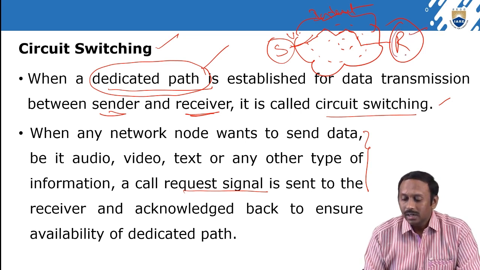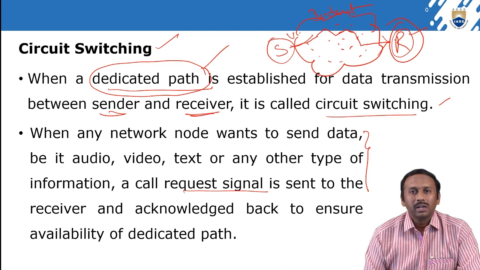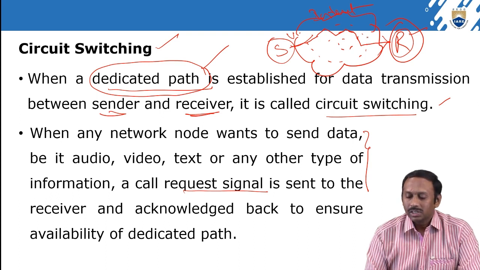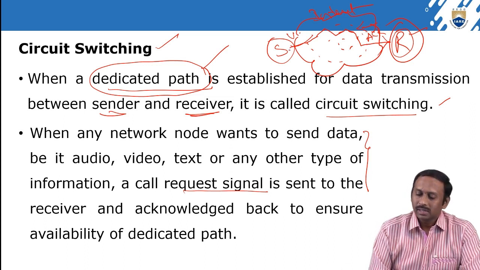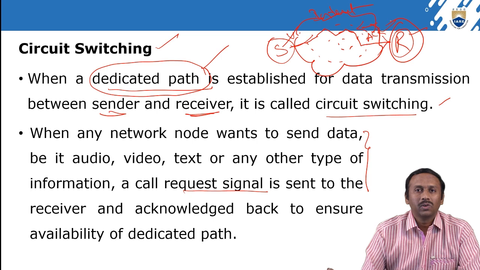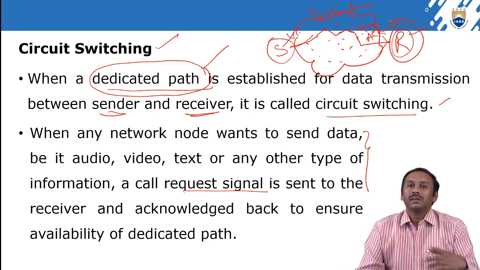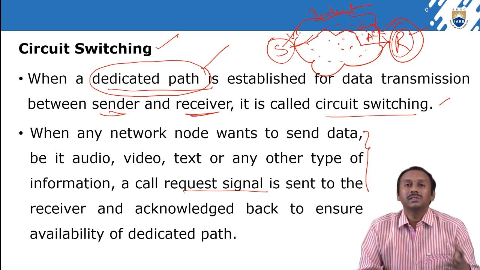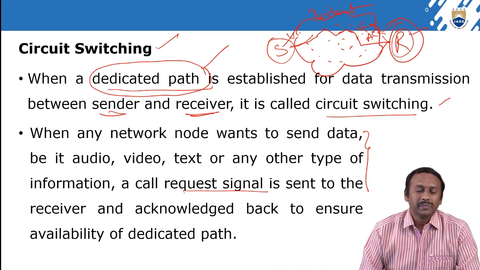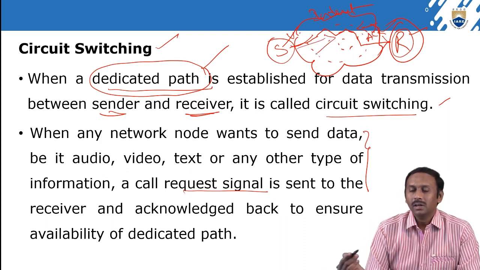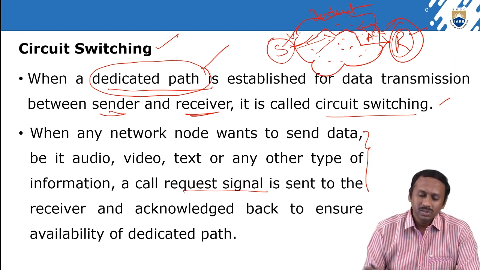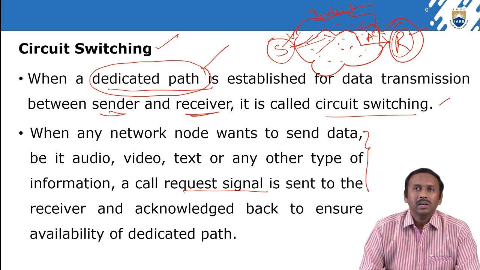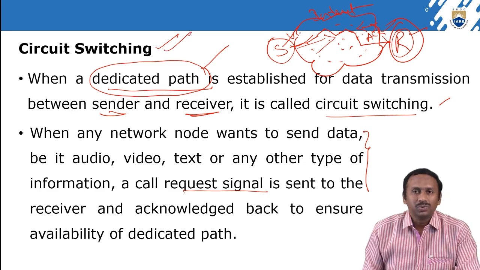After receiving this request, the receiver sends an acknowledgement back to the sender. Once the sender receives this acknowledgement, the sender knows that the receiver is ready to accept the data. Then the sender transmits the data, maybe audio, video, or multimedia data, successfully. That is what happens in circuit switching.